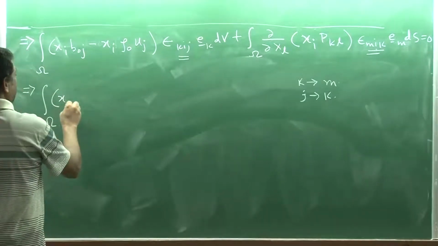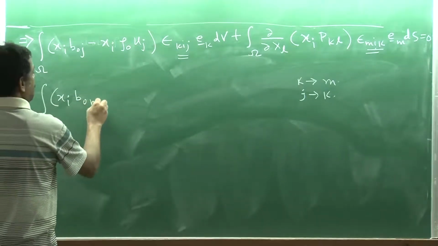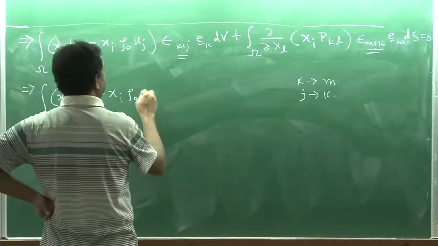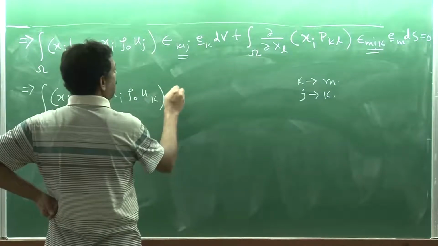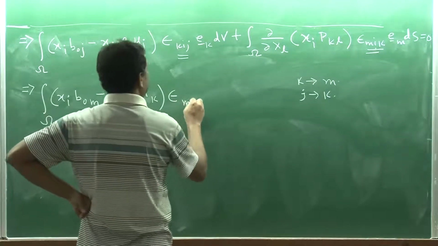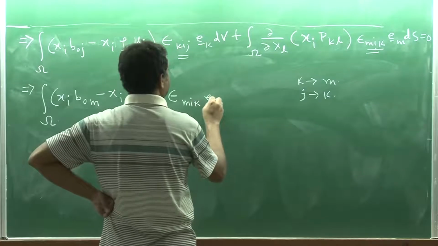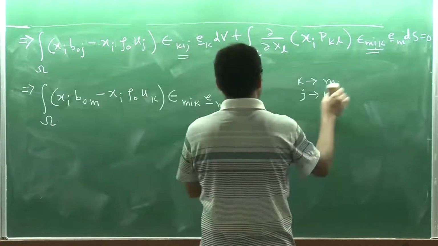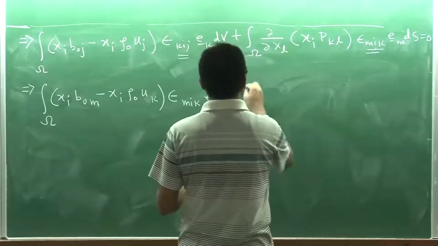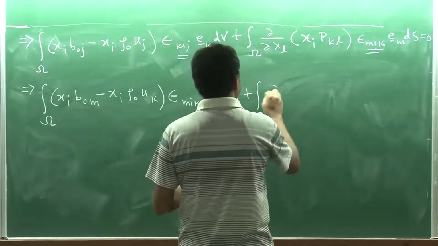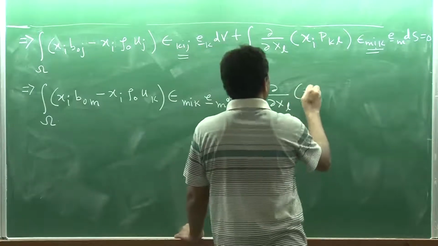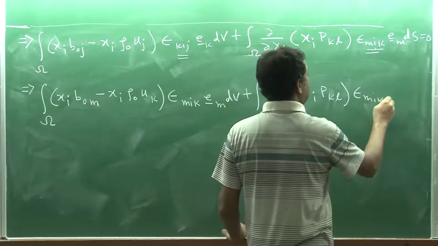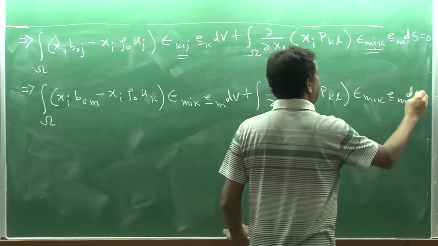So, xi b 0 M I will write minus xi rho 0 u k epsilon, where K should be replaced by M I, J should be replaced by K M dV. Okay, clear? So, then basically we have del capital XL xi pkl epsilon M I k by M ds is equal to 0.